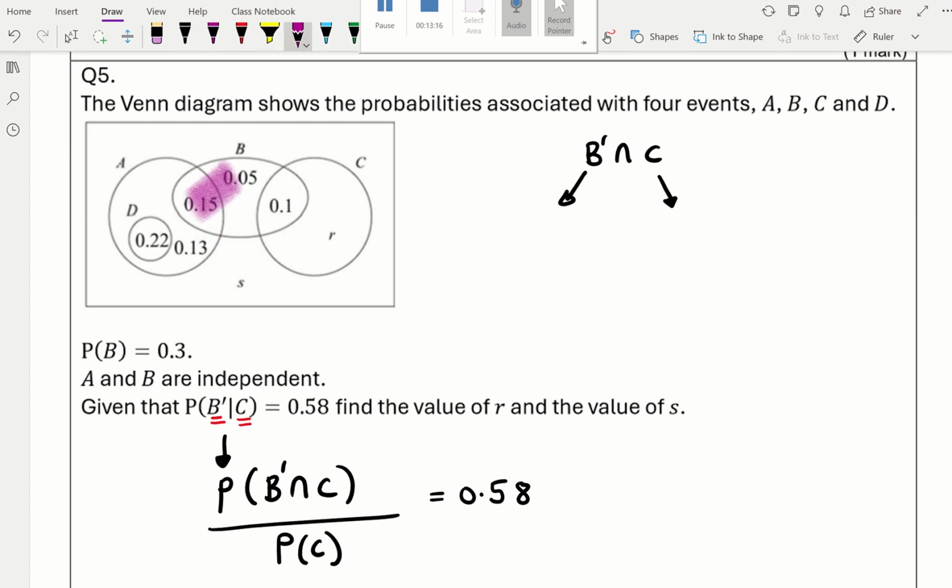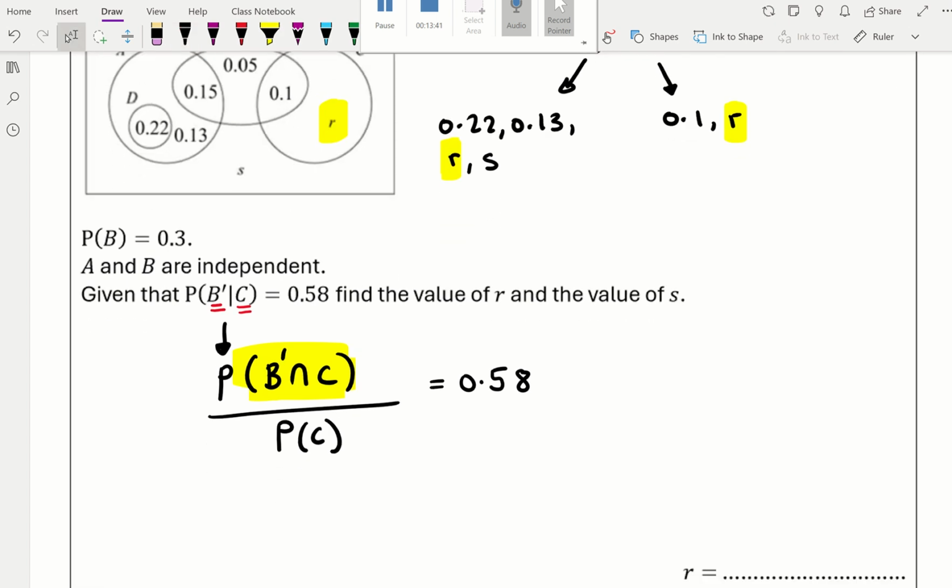The complement of B, not B, so I don't want that, I don't want B. That's 0.22, 0.13, R and S. And what is C? C is 0.1 and R. So what's the intersection between those two? The intersection, this, is literally R. So let's replace it. R divided by the probability of C.